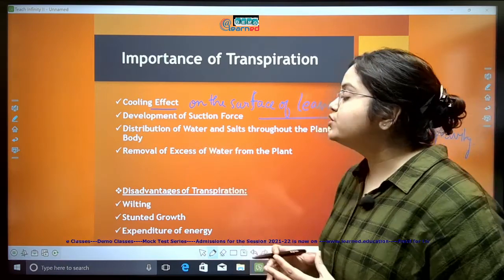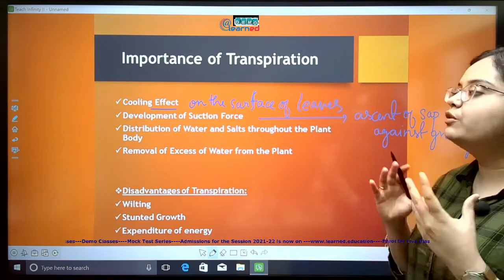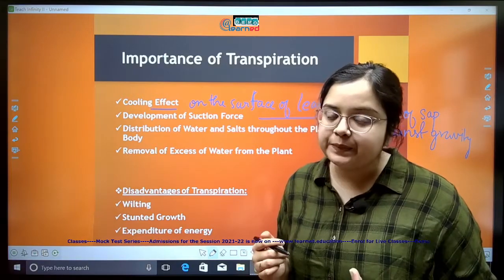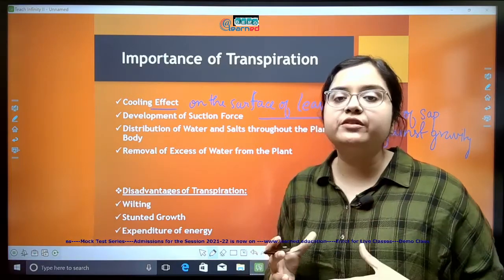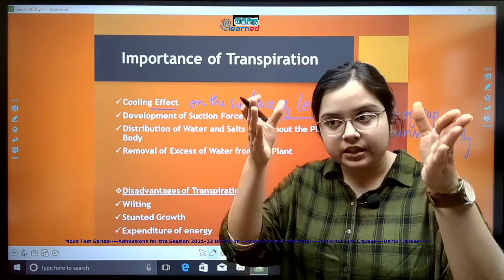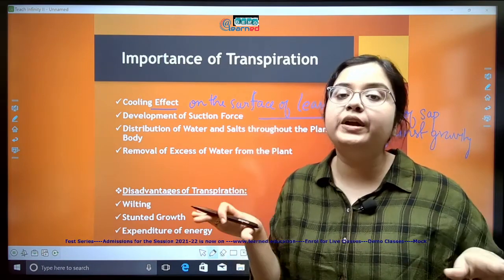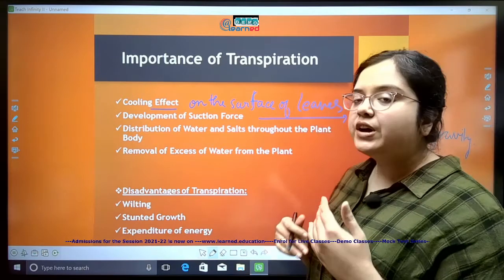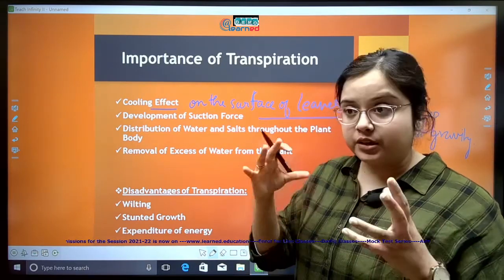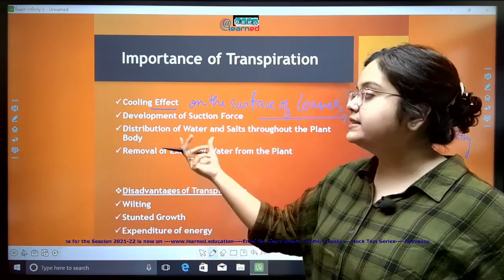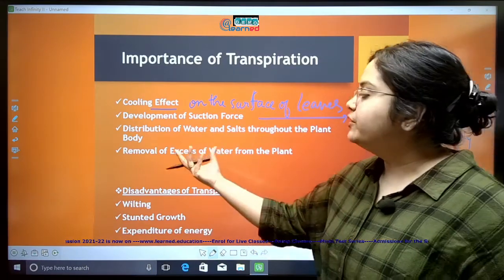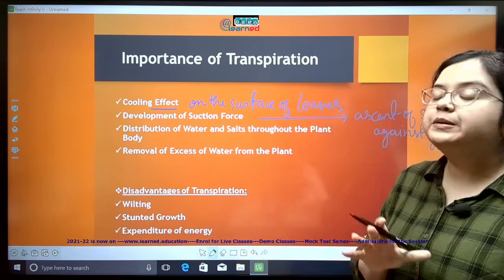Next is distribution of water and salts throughout the plant body. As transpiration continuously takes place, water and minerals are conducted in a continuous stream. There is no break in that column of water throughout the plant body. So translocation and transport of water happens through the process of transpiration. Then there is removal of excess water from the plant.